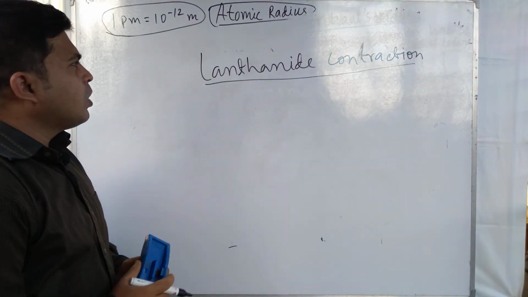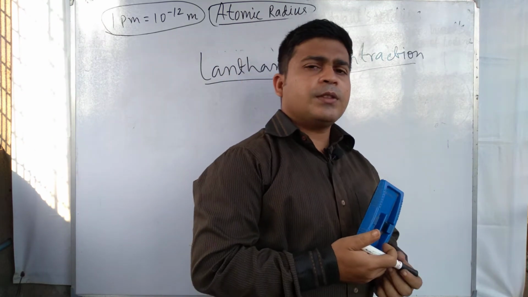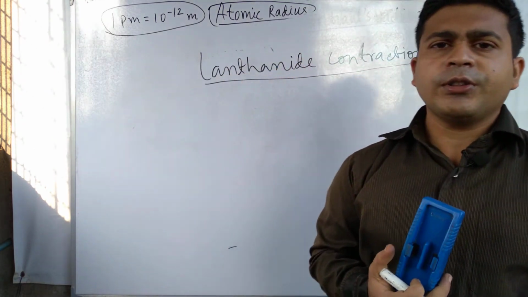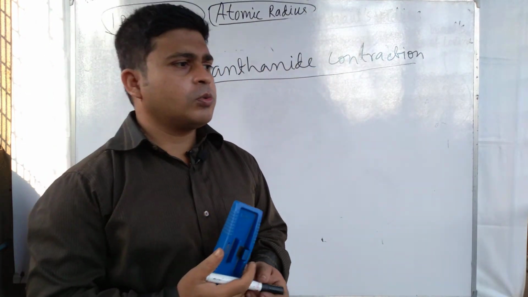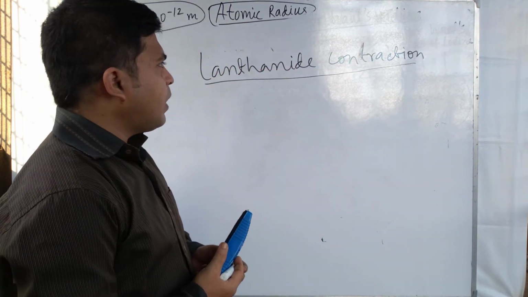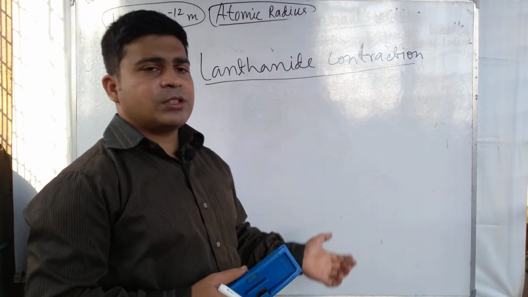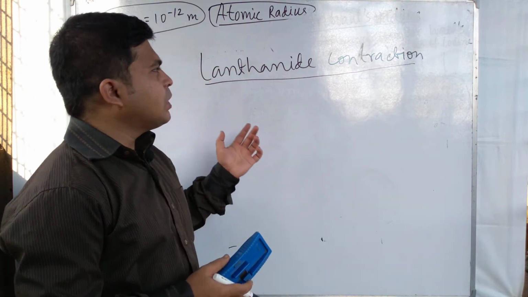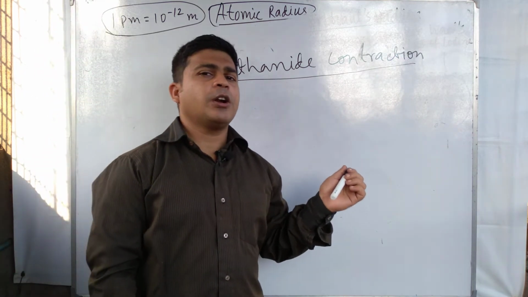For the variation of atomic radius, lanthanide contraction is a very important thing to discuss, but we do not discuss it in this video. We discuss it in another video, what actually the lanthanide contraction is.